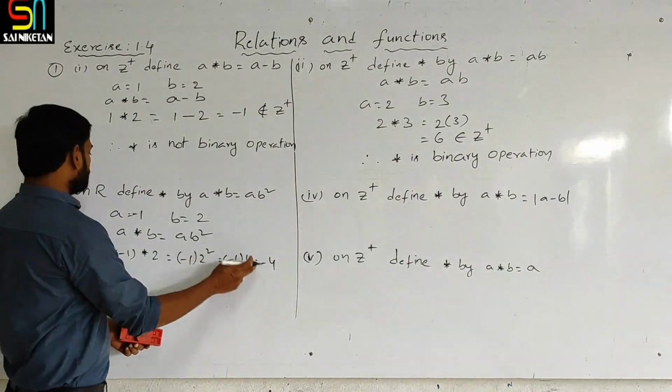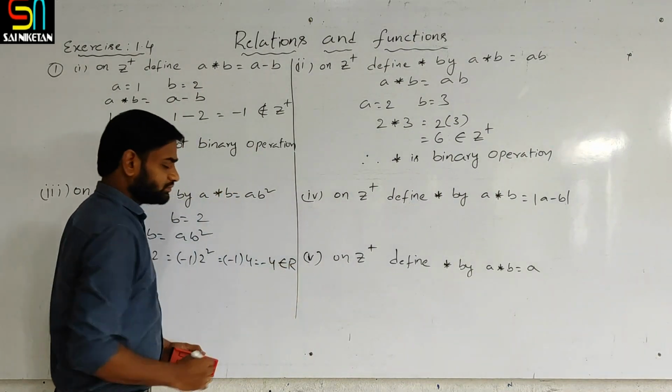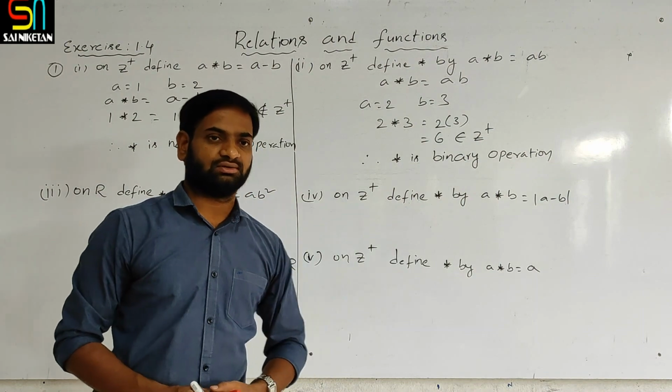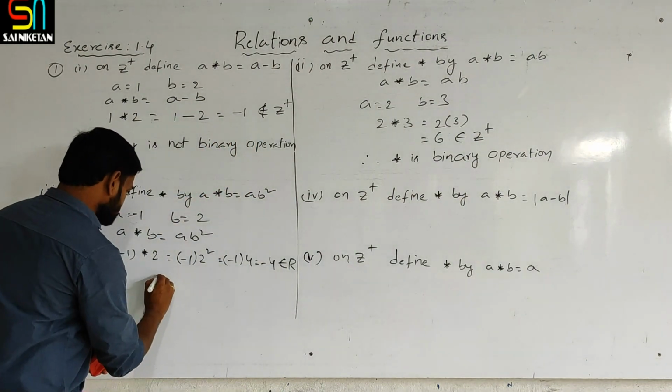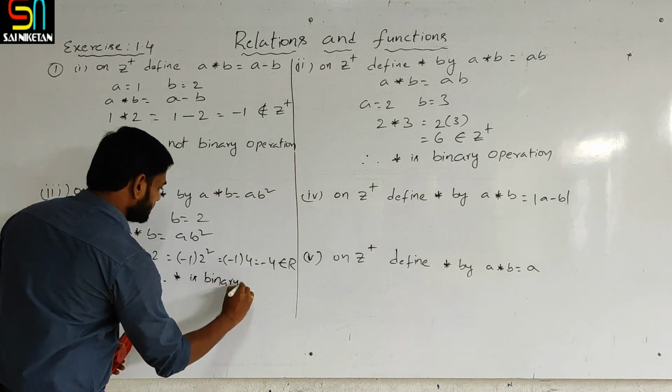Now this minus 4 belongs to the real numbers. That means the result belongs to the same set, so star is binary operation.